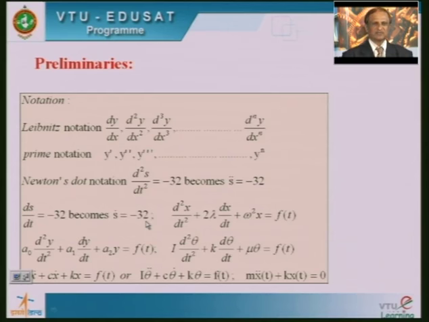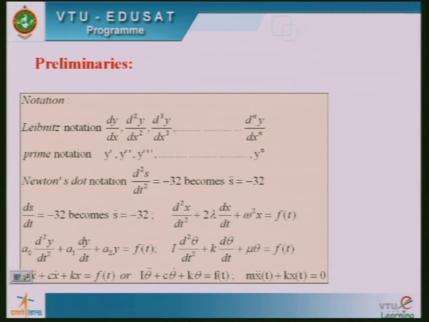Okay, friends, so far we have seen what are the outcomes of the differential equation, right. So, now if I want to define a differential equation, as I have mentioned earlier, we need some preliminaries. Then you may ask, what are the preliminaries we need to define a differential equation, right.